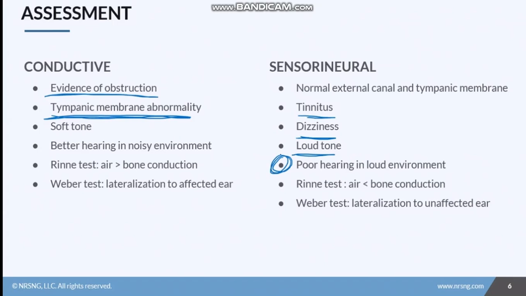These patients hear worse in a loud environment. Unlike conductive hearing loss, they will present the exact opposite. So with the Rinne and the Weber test, air conduction will be less than bone conduction, and there will be a lateralization to the unaffected ear.